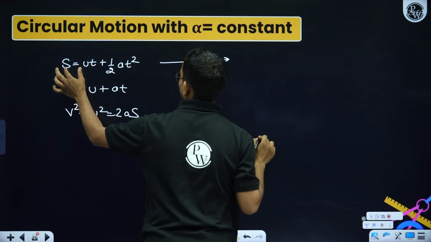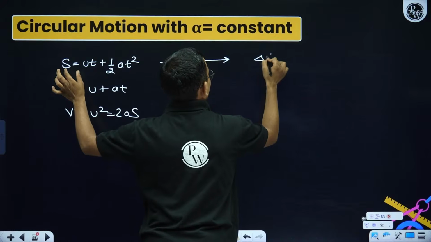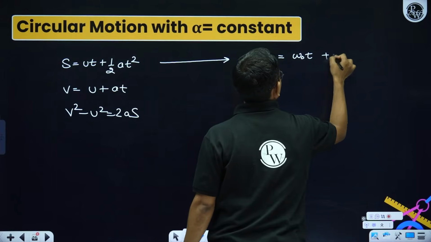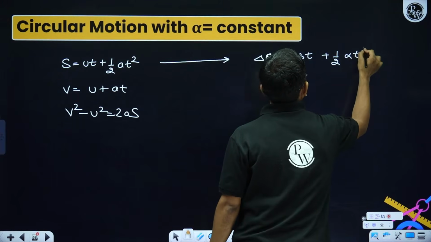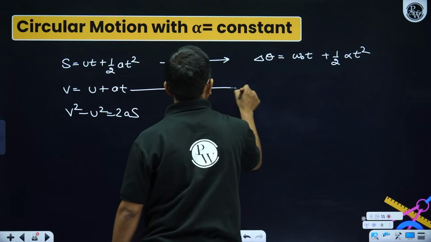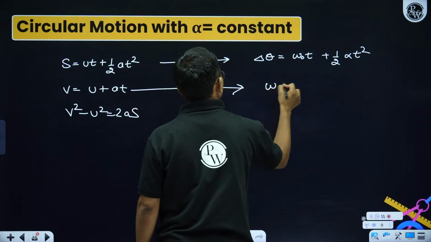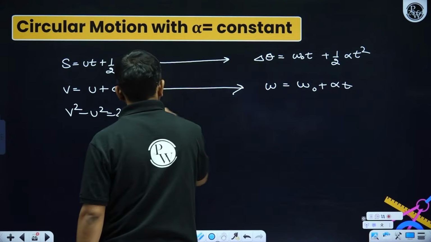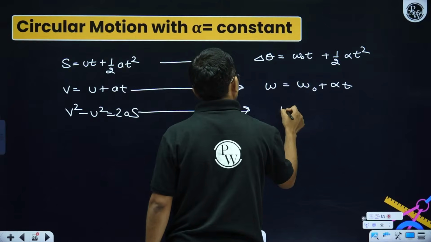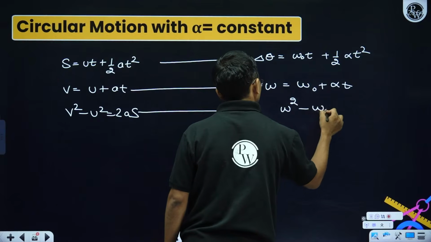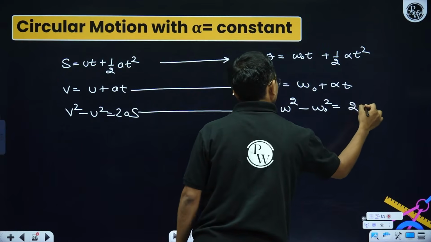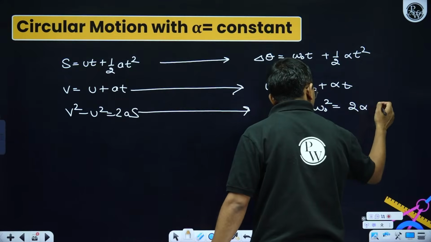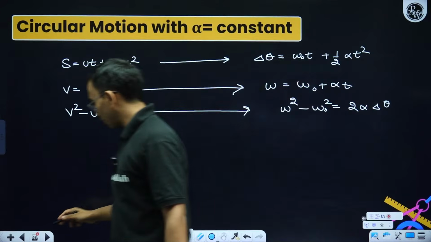Instead of s, the angular displacement, we have initial angular velocity times t plus half alpha t square. The final angular velocity is equal to initial angular velocity plus alpha t. And final angular velocity square minus initial angular velocity square is equal to 2 into angular acceleration into the angular displacement delta theta. This is how we can use it.